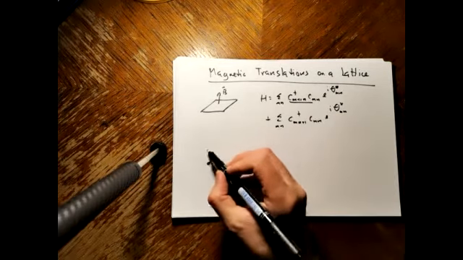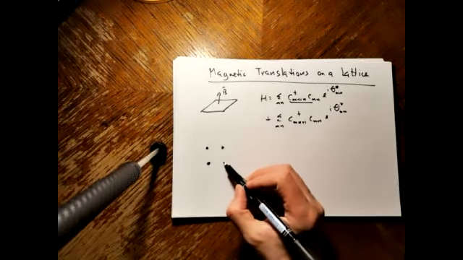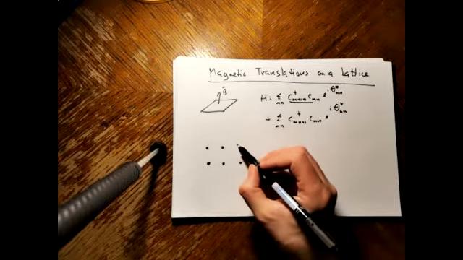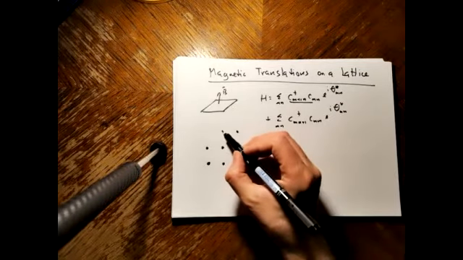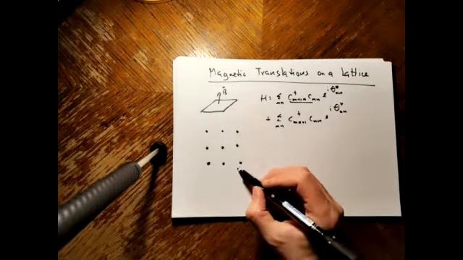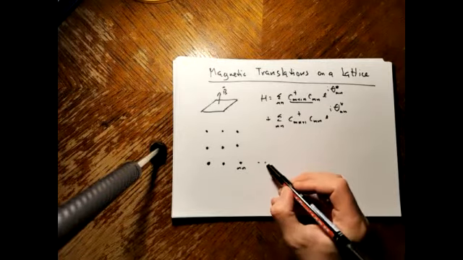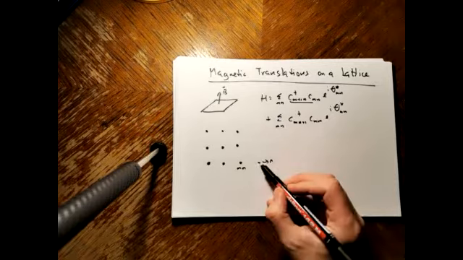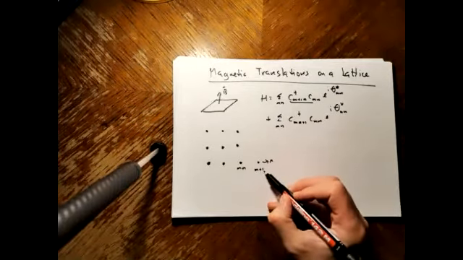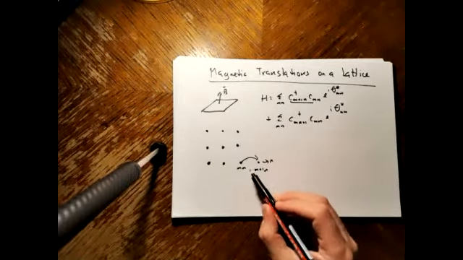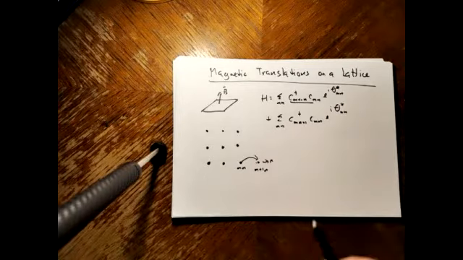So if you have a two-dimensional lattice, and some particular point is (m,n), then in the x direction, let's say this is (m+1,n), you can have an electron hop via this term.